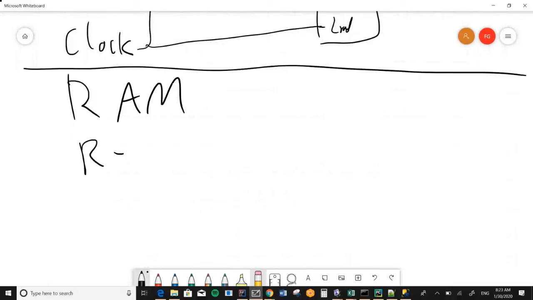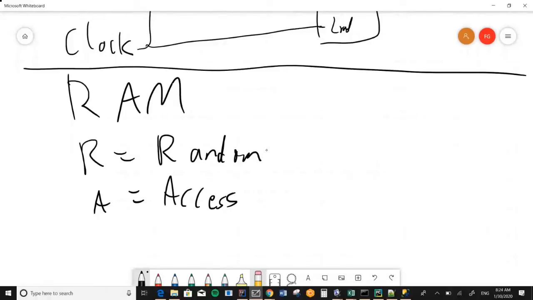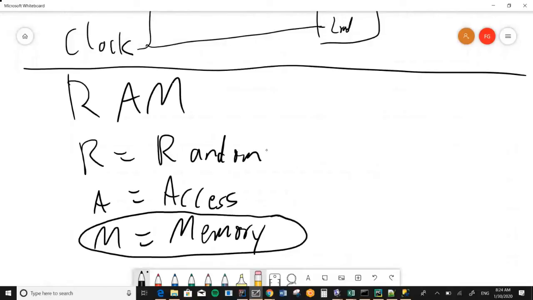The R stands for random, the A stands for access, and the M stands for memory. We'll just take it as a premise that the memory part will ultimately be expressed in terms of the D flip-flop. We're going to put that aside for now, and I really want to think more about this first part, the random access.